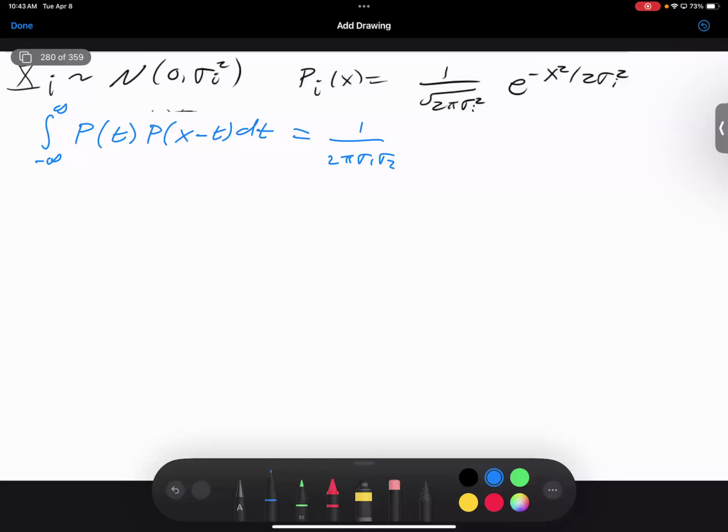So the square root of 2 pi reinforces. Square root of sigma 1 squared is just going to be sigma 1. Then I will have the integral from -infinity to infinity, e to the negative t squared over 2 sigma 1 squared, e to the negative x minus t squared over 2 sigma 2 squared dt. That's the integral we need to do.